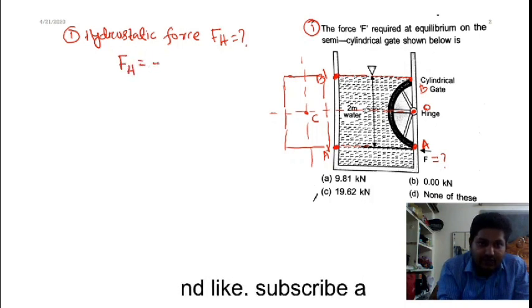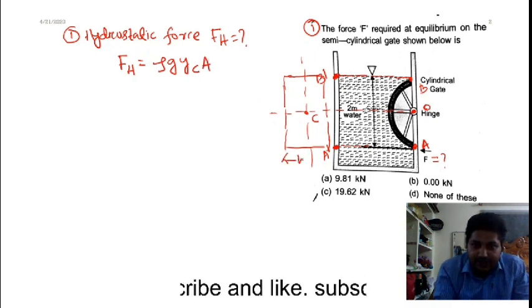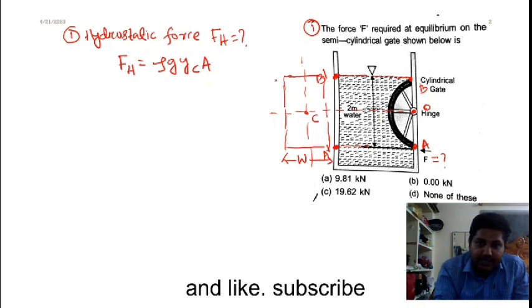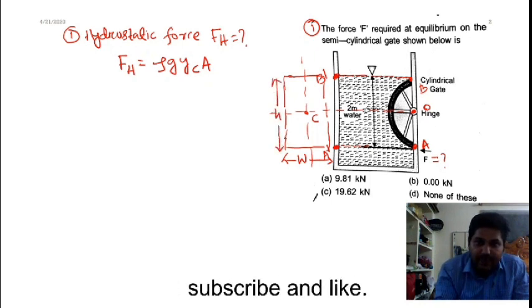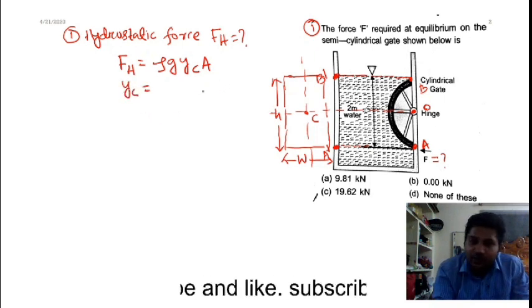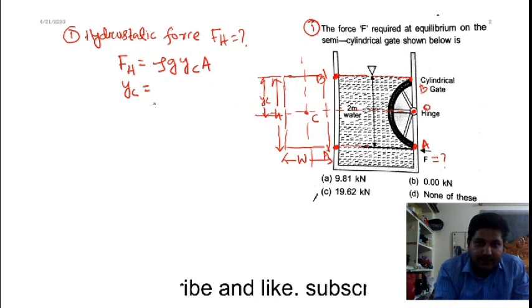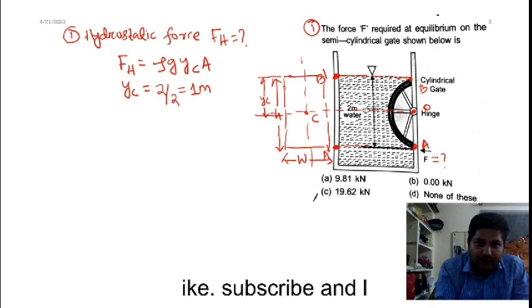This can be found by rho g yc A. Suppose this is the width of the plate and this is the height of the plate. Now yc will be, this is the centroid and the height is 2 meters, so yc is 2 by 2, which is 1 meter.